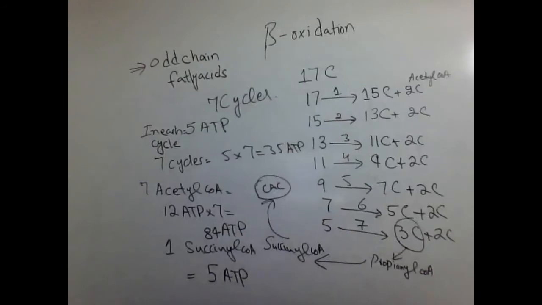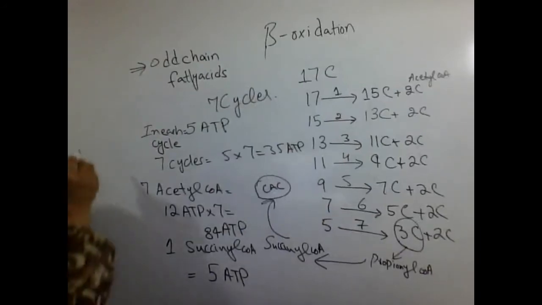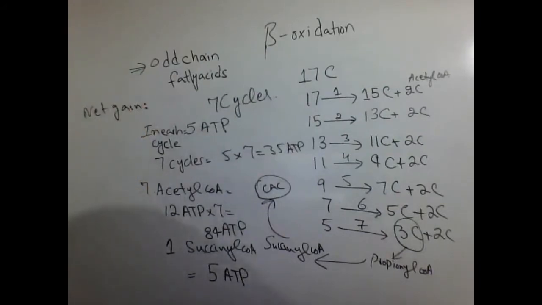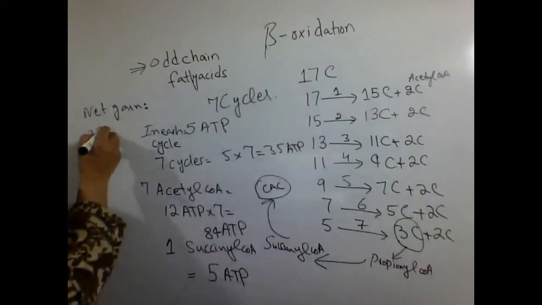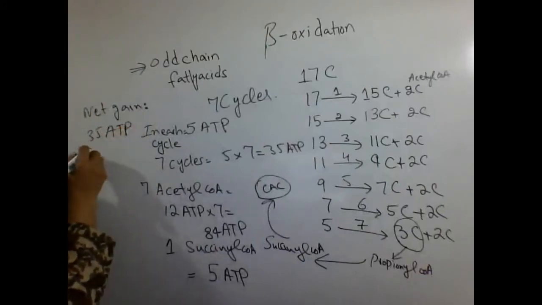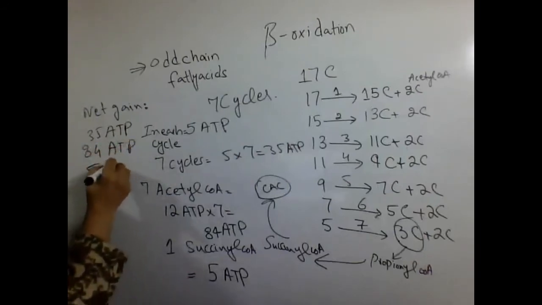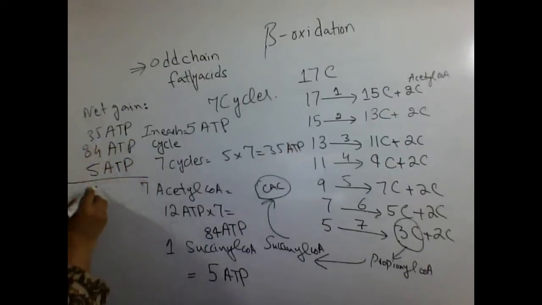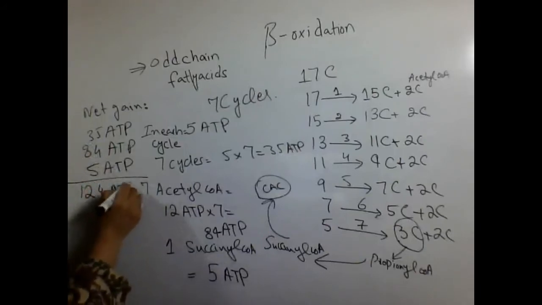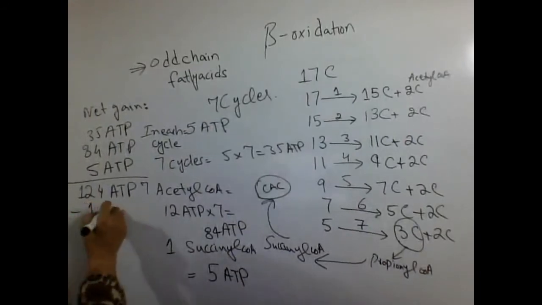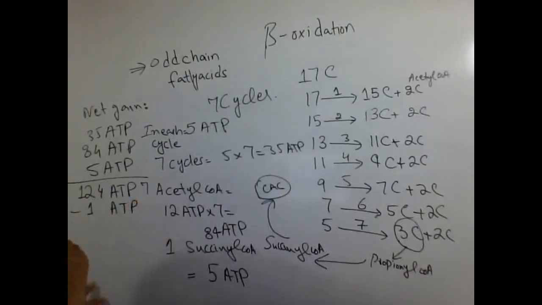So the net gain of energy by the 17 carbon molecule is 35 ATPs, 84 ATPs and 5 ATP. 124 ATPs are produced here, from which 1 ATP is used at the activation step.